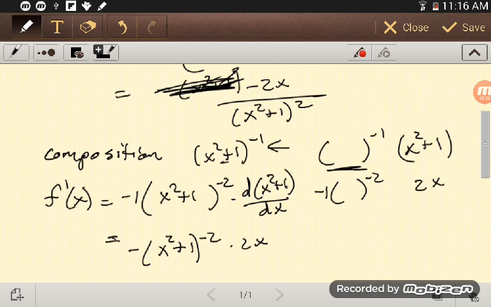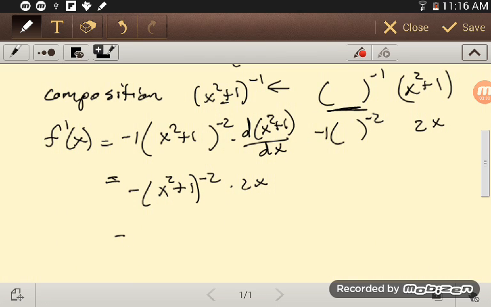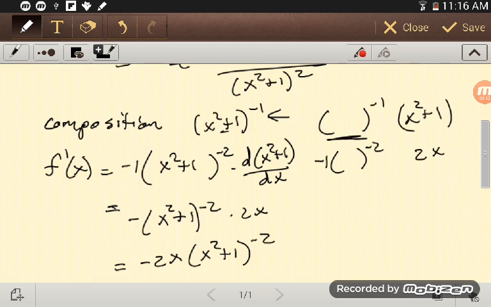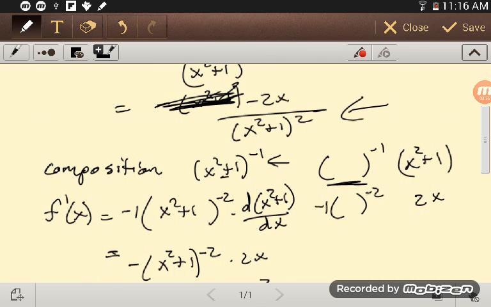And if we rewrite that a little nicer, we have minus 2x times x squared plus 1 to the negative 2, or if we want to use that negative exponent to put it in the denominator, we have negative 2x over x squared plus 1 squared, which is what we got when we did the quotient.